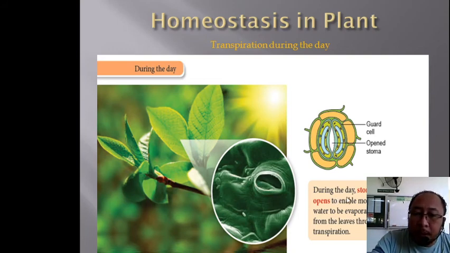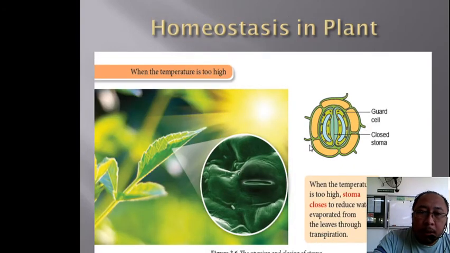During the day, the stoma opens to enable more water to evaporate from the leaf through transpiration. What will happen when the temperature is too high? The stoma closes, to reduce water evaporating from the leaf through transpiration.